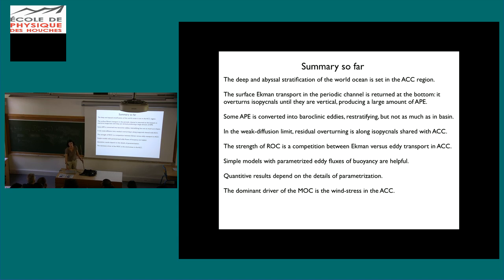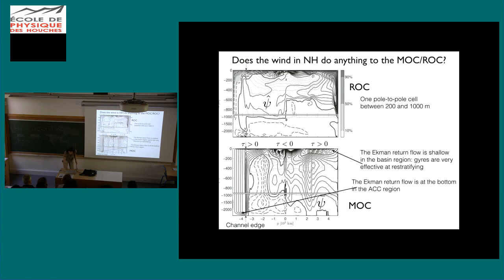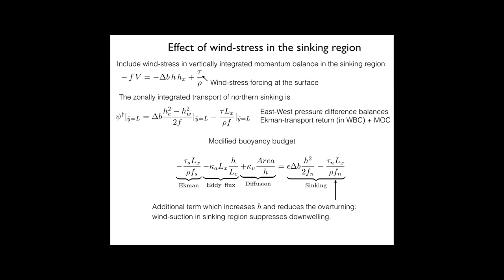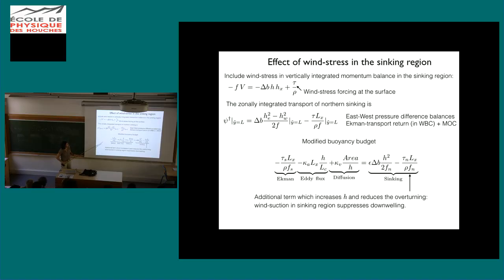No, you're right, because there is a contribution of the residual overturning, and the residual overturning depends on what is going on in the interior of the basin. So I agree with you. But yeah, so maybe the abyss. I mean, it's not completely. It's an interplay between the two processes.